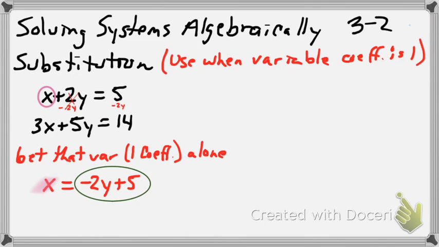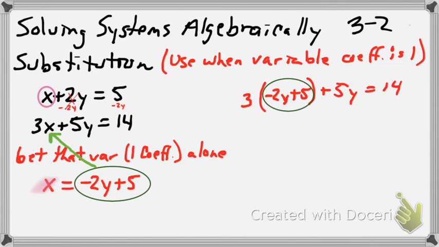All that took was one simple algebraic maneuver. Step 2, what we're going to do is take that bubble and put it into the other equation for x. The equation that you haven't touched yet is now going to be used, and we're going to put the bubble into the other equation for x. So we rewrite it, we take out the x, and we replace the x with our bubble.